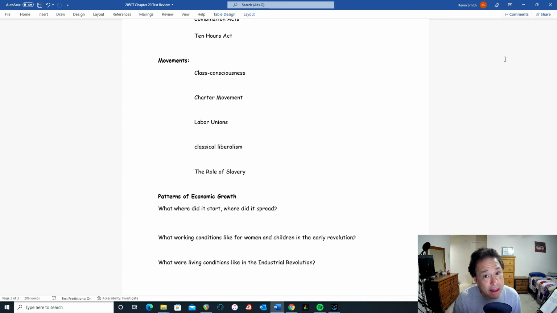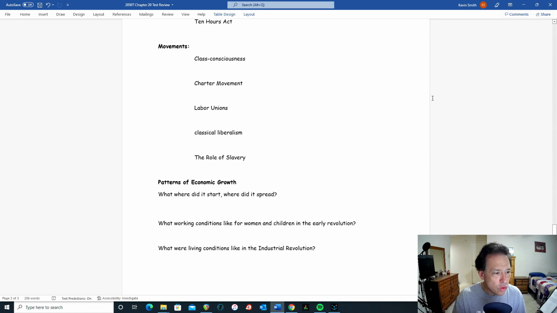It was highly influential among members of Parliament because Parliament consists of wealthy people, of course. And classical liberalism includes such concepts as laissez-faire, the invisible hand, no guilds, no unions. Instead, free markets, free enterprise, free competition, and minimal government intervention.